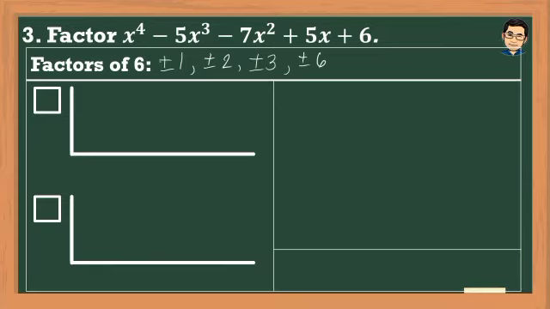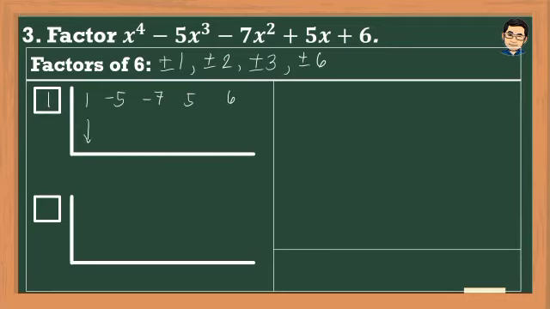So pwede natin gamitin dito yung positive 1. And then, ilista natin yung coefficients ng polynomial. X to the fourth power 1, negative 5x cubed, that is negative 5. And then, negative 7x squared, negative 7. 5x, that is 5. And then, the constant term, 6.